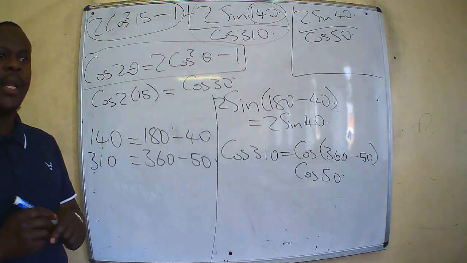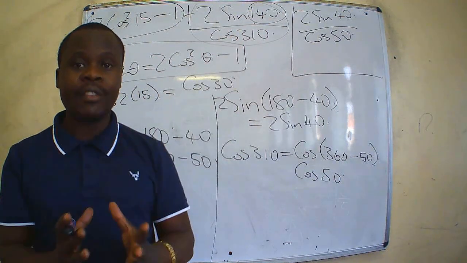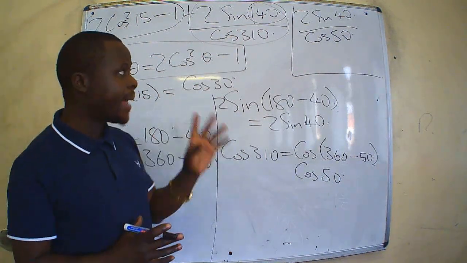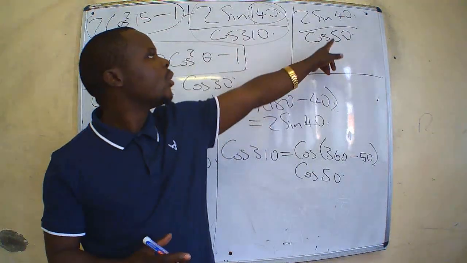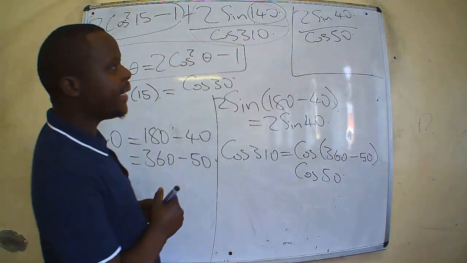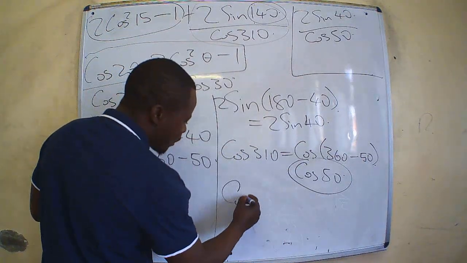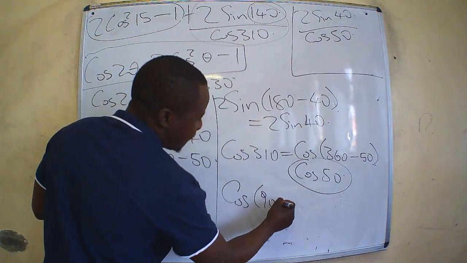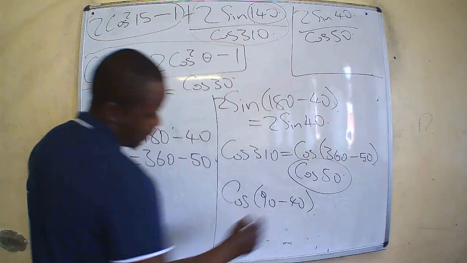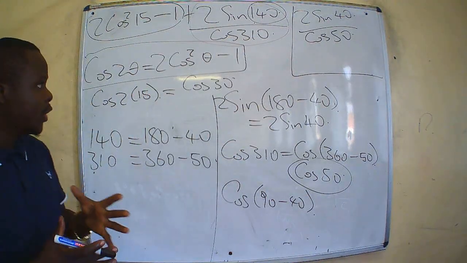We are also going to encounter a challenge because we cannot eliminate the two. They are different angles. But understanding that cosine 50 can be rewritten, we can rewrite cosine 50 to be cosine 90 minus 40. So cosine 90 minus 40, what is it going to give us?